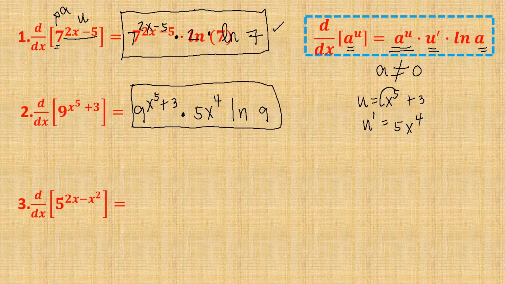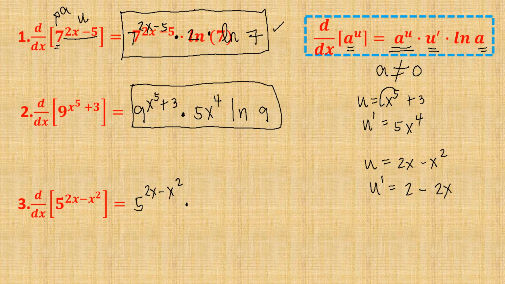While number 3, we have there 5 to the power of 2x minus x squared times the derivative of our u. Remember, our u is 2x minus x squared, and our u prime is the derivative of 2x, which is 2, minus the derivative of x squared, which is 2x.